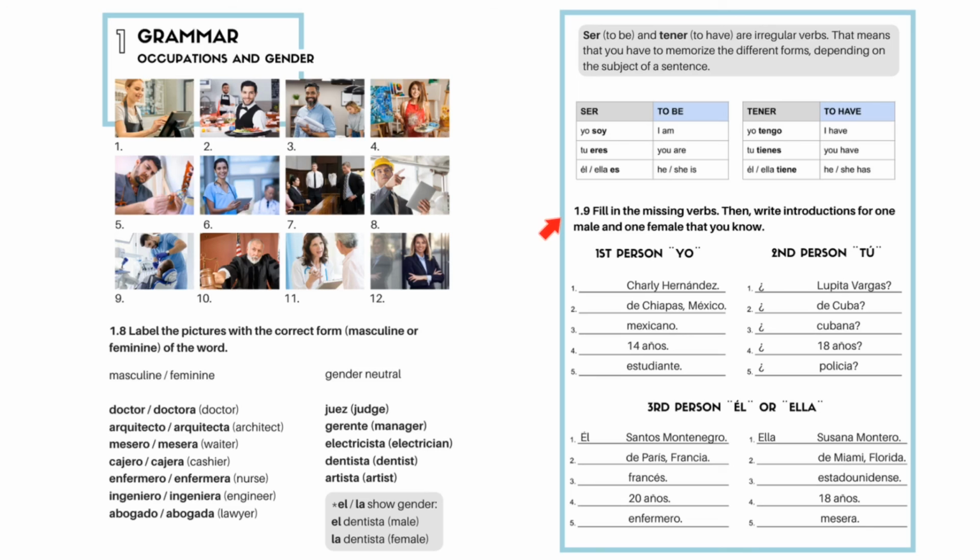I'd like for you to go ahead and fill in the missing verbs so that you can see the difference between the yo form, the tu form, and then the él and ella form when you're either introducing yourself, asking questions, or talking about a he or she.